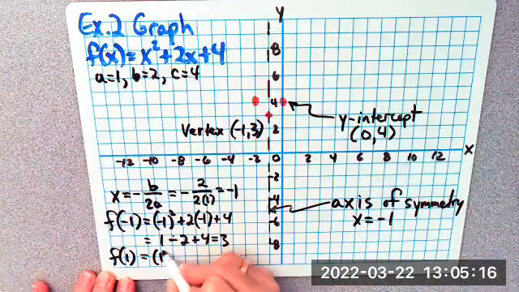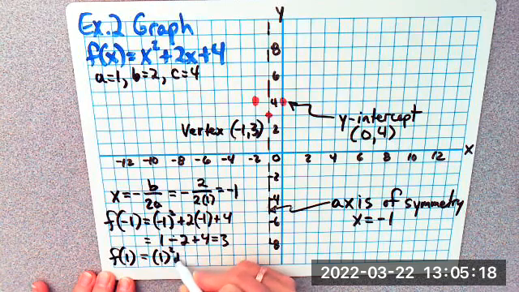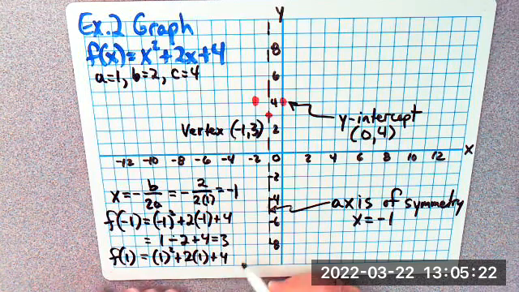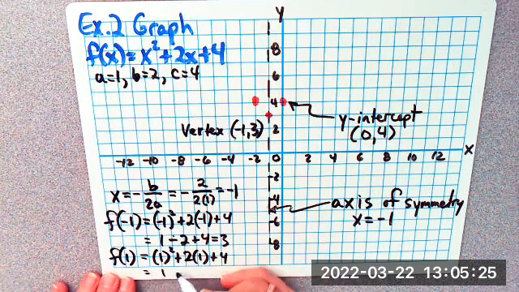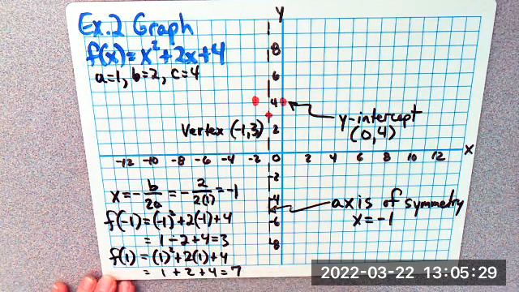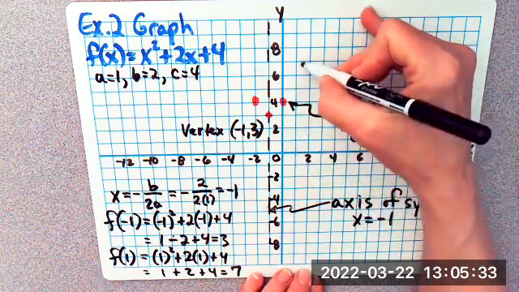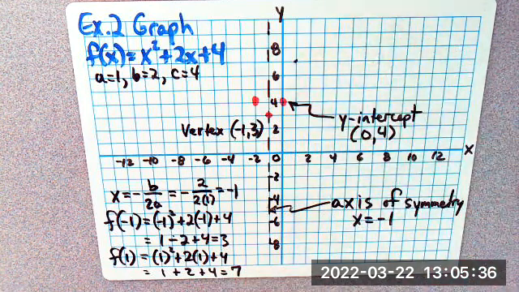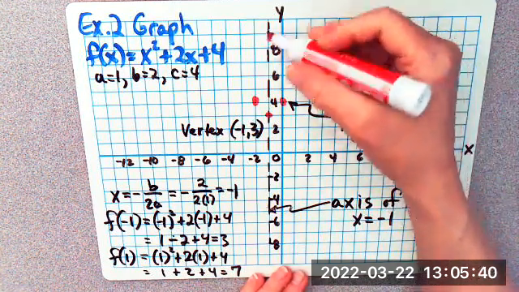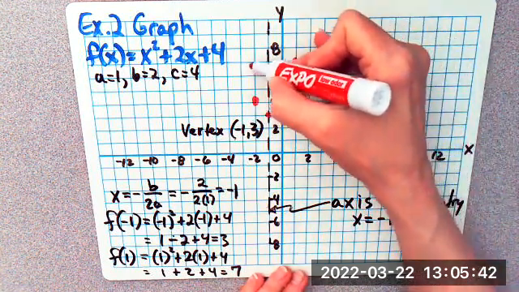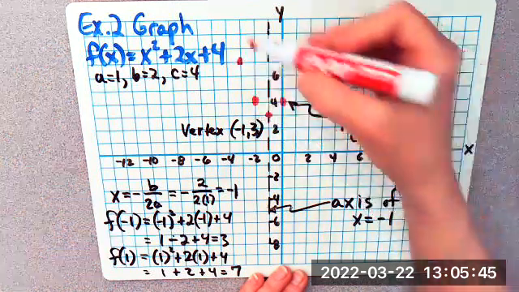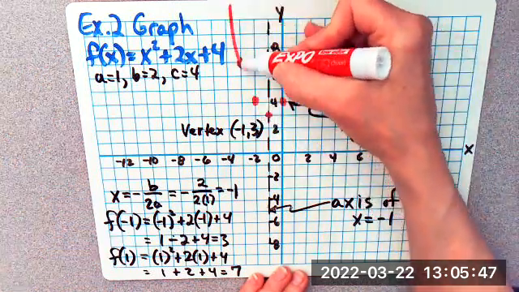So if we have 1 squared plus 2 times 1 plus 4, that's going to give us 1 plus 2 plus 4, which is 7. So at 1, we're up to 7. So we have a point right there. And since that's 2 away, we can count 1, 2 and have our other point there. So then we can graph our parabola.